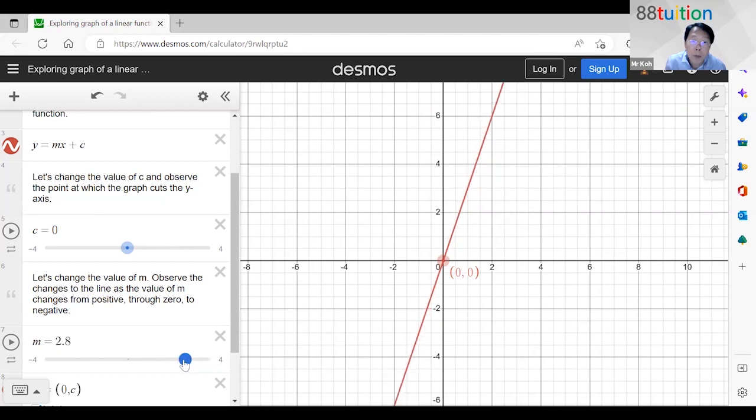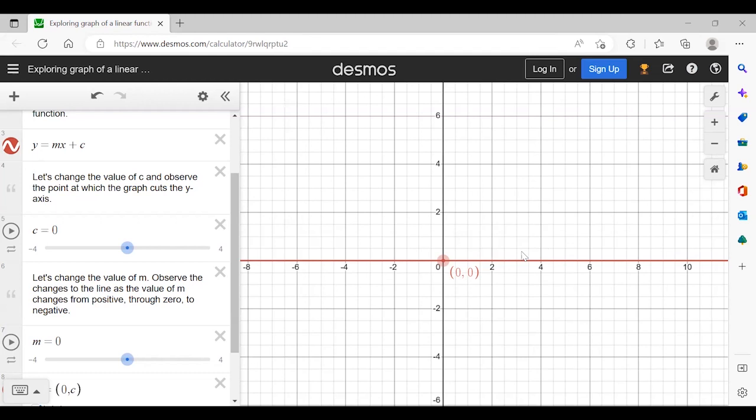Then what happens if I move m until 0? You notice, if I move until 0, that means the gradient is 0. What happens to the line? I ask again now. If the gradient is 0, what happens to the equation of the line? Anyone can answer this question? Imran, can you answer this question? The equation of the line becomes 0 also.